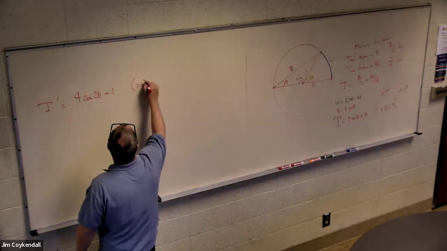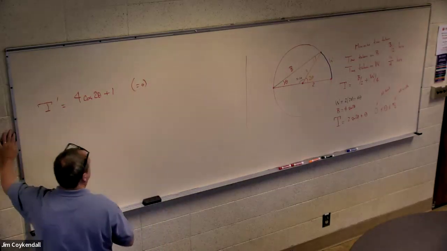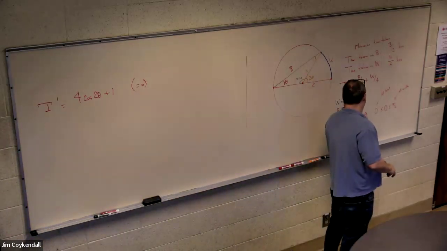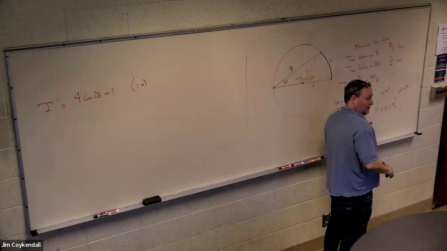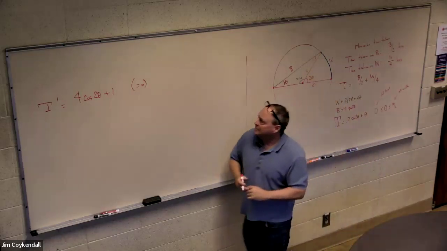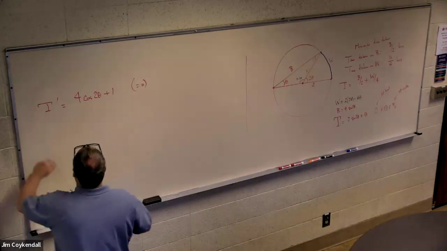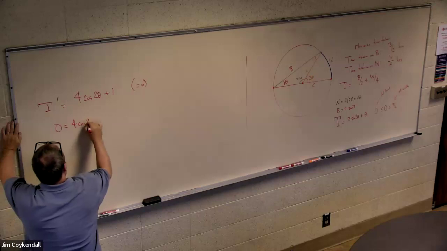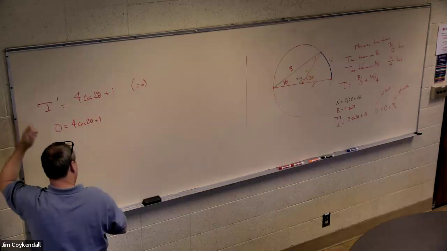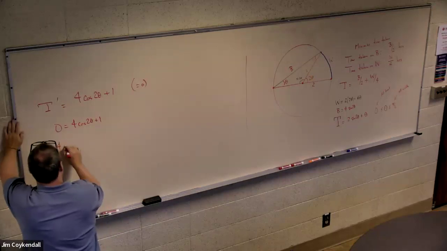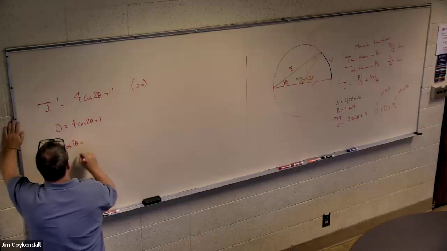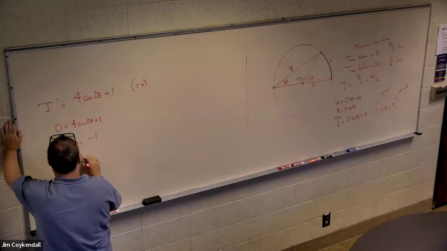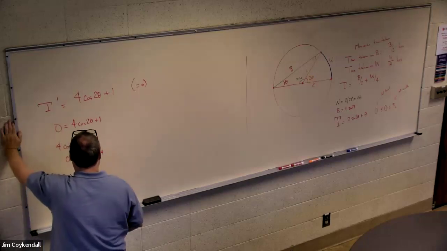Let's set this equal to 0. The derivative of sine 2 theta is cosine 2 theta times 2. So 0 is 4 cosine 2 theta plus 1, and so 4 cosine 2 theta is equal to -1.